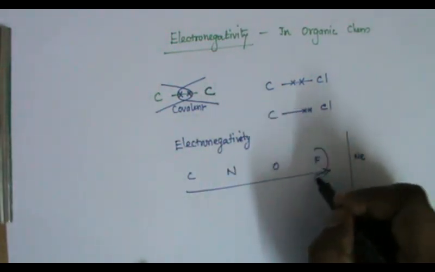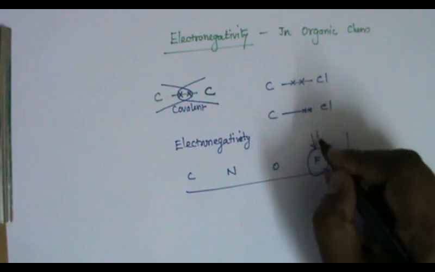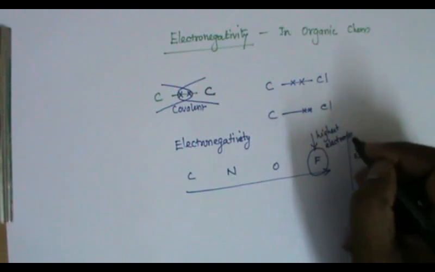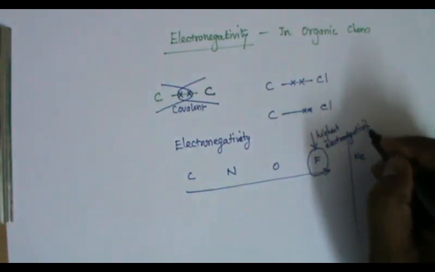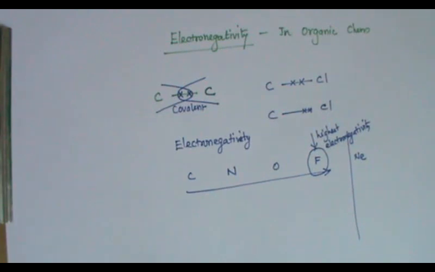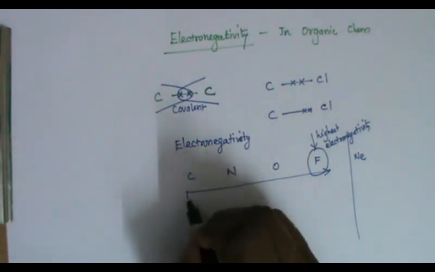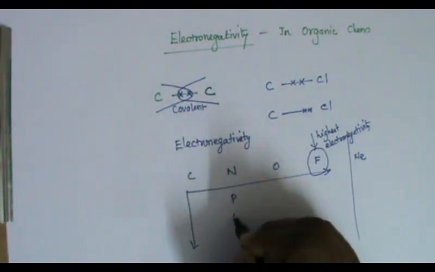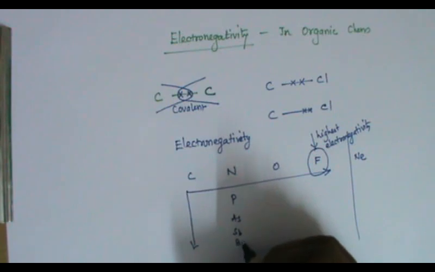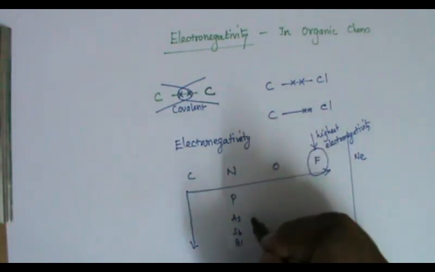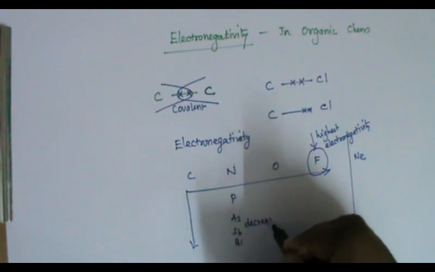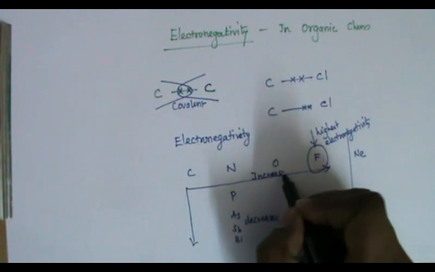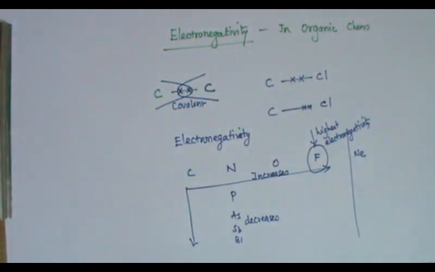And fluorine has the highest electronegativity in the periodic table. But when you go down a group like nitrogen, phosphorus, arsenic, antimony and bismuth, it decreases. In the period it increases, but in the group it decreases.